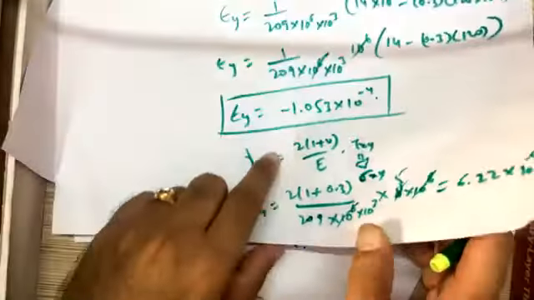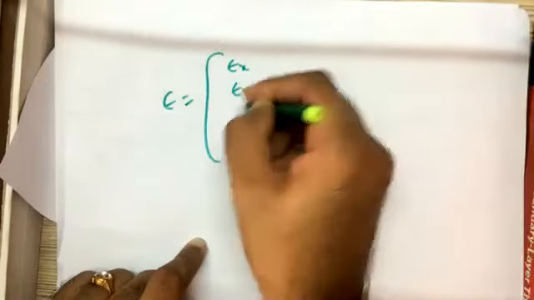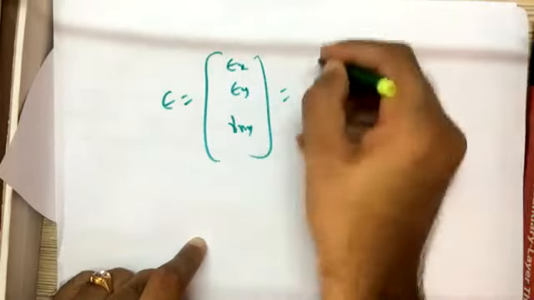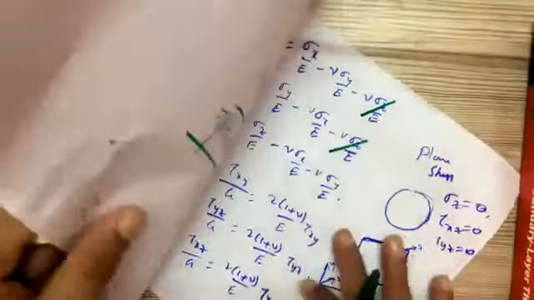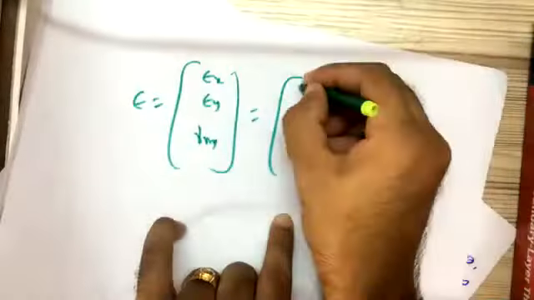So that is your strain matrix. What is epsilon? Epsilon is epsilon x, epsilon y, gamma xy. Epsilon x we got is 5.541 into 10 to the power of minus 4.